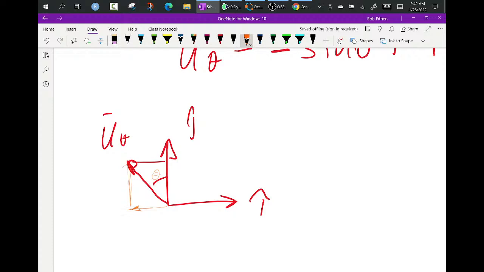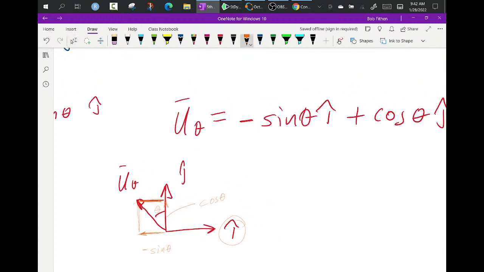This component going in the I direction is going backwards, and it's the sine of theta. The distance from here to here is the same as here to here. If I want to know the component going in the J, it's simply cosine of theta.